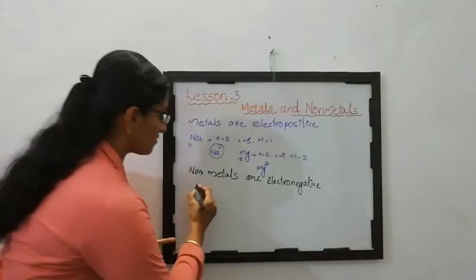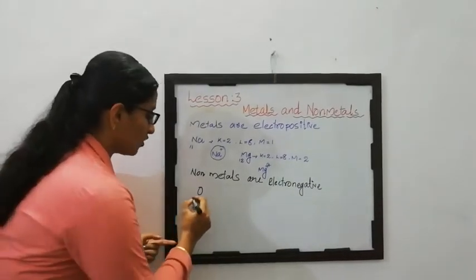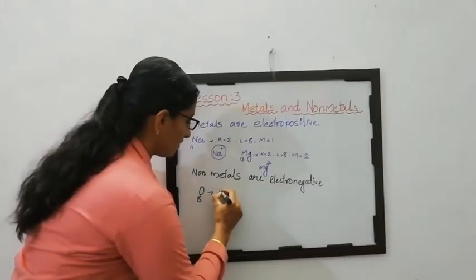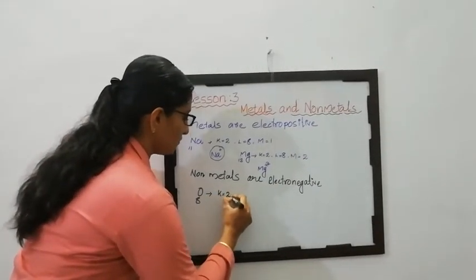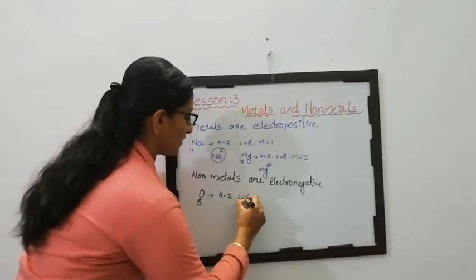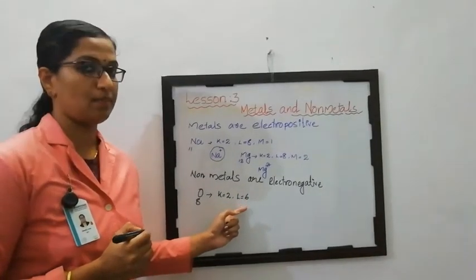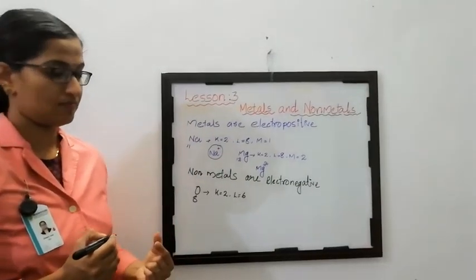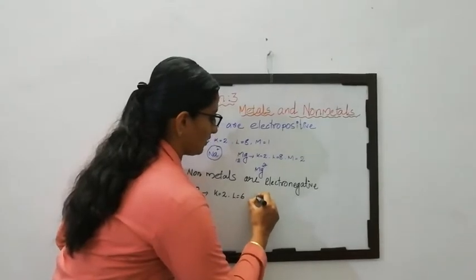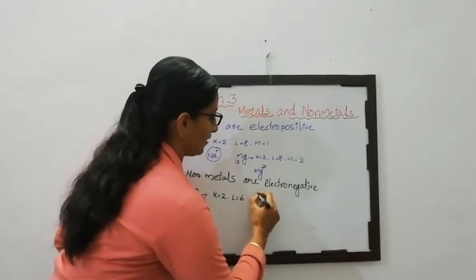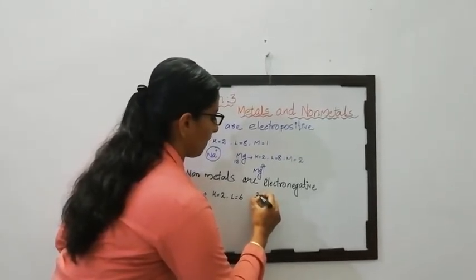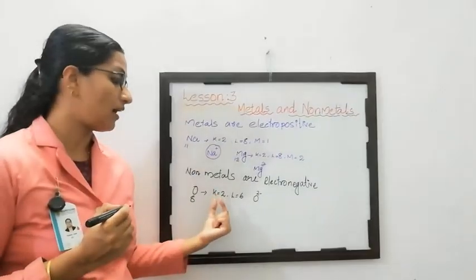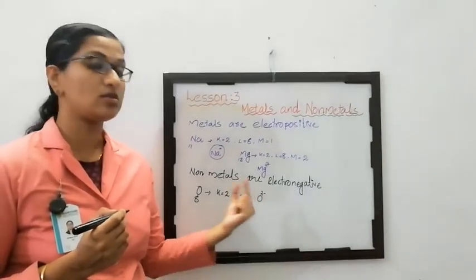If you take oxygen with atomic number 8, when you write the electronic configuration, K is equal to 2, L is equal to 6. In order to attain stability, oxygen should take 2 electrons. So when it takes 2 electrons, oxygen will get a 2 negative charge, or 2 minus. Because oxygen needs to attain stability, it will take 2 electrons.